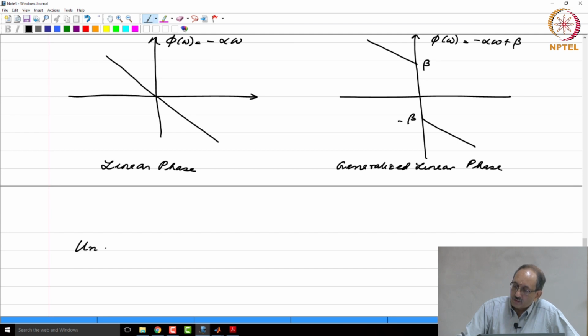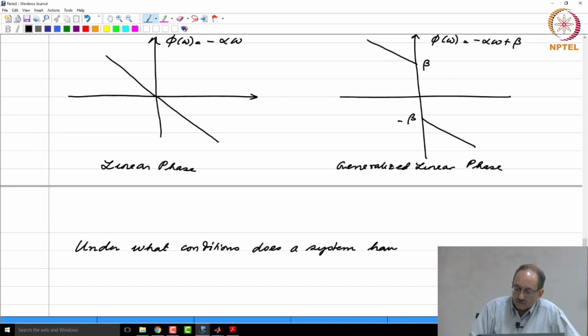So, we ask the question under what conditions does a system have linear phase. So, this is the question that we ask.